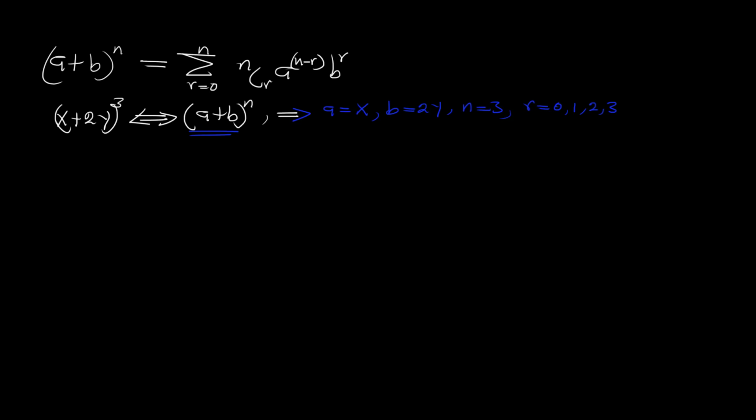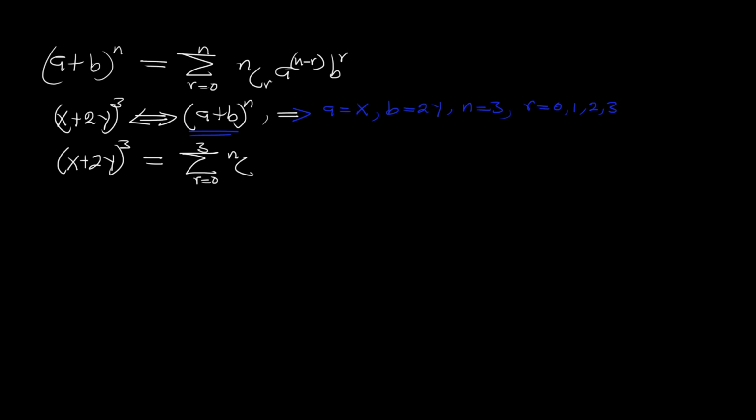Okay, so let's try to expand this. We have (x + 2y) raised to the power 3. This will be given by the summation, r from 0 to 3, of nCr.